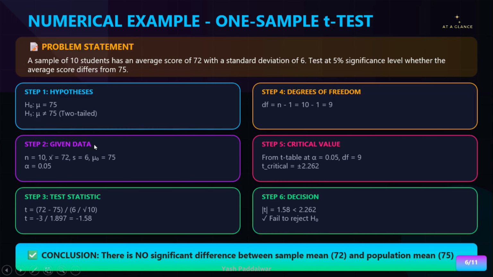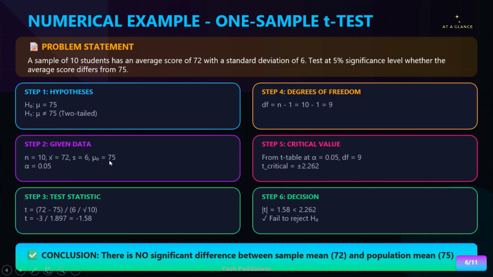Next, from the given data, we have these things. First is n equals 10, that means your sample size is 10. X bar, which is your sample mean, is 72. S, which is the standard deviation of the sample, is 6. Mu 0 is the population mean, which is 75. Alpha, which is the level of significance, is 5%, which is 0.05.